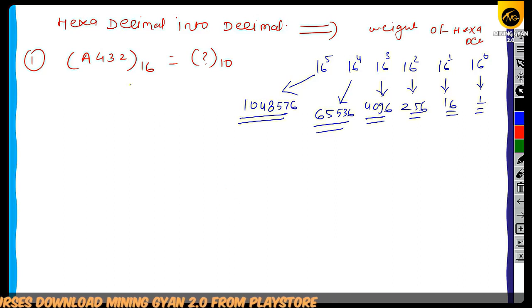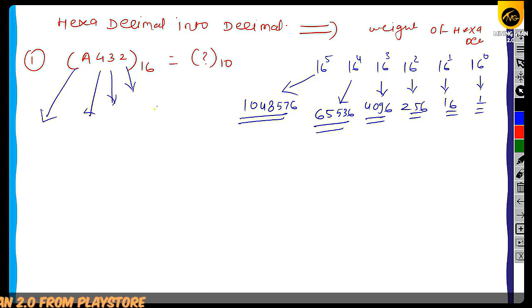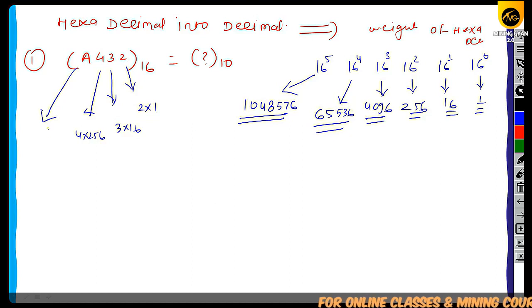Okay, now the digits are 2, 3, 4, and A. So 2 into 1, and 3 into 16, and 4 into 256, and A into the next one, which is 4096.